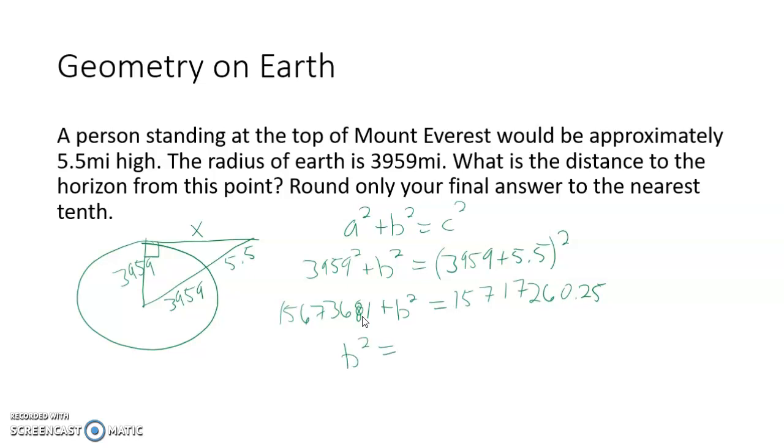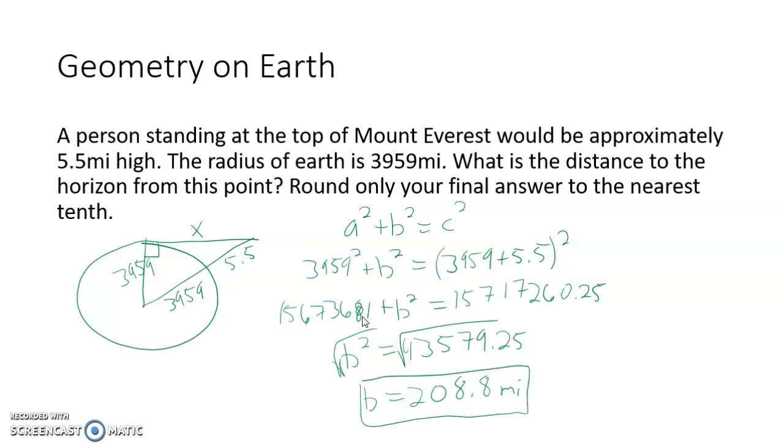When I do that, I get 43,579.25. Then I'm going to take the square root. Remember, whenever you want to get rid of a square, you want a square root. So then I get that the horizon is 208.8 miles away. So with horizon problems, make sure you guys use the Pythagorean theorem.